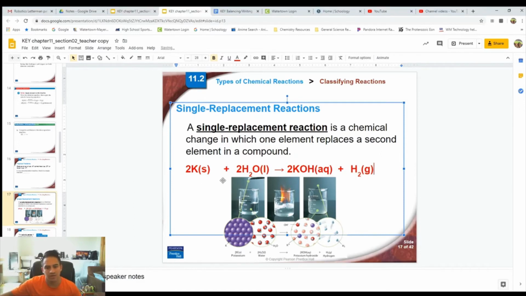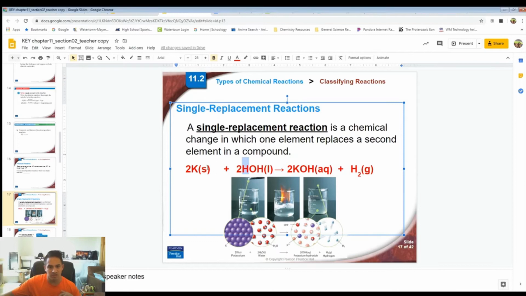Now, H2O is sometimes better written as HOH, and I understand they wrote it as H2O in the picture. Because if you look at it like this, it's basically hydrogen bonded with the polyatomic ion hydroxide. So we can very clearly see that the potassium element here is going to replace the hydrogen element.